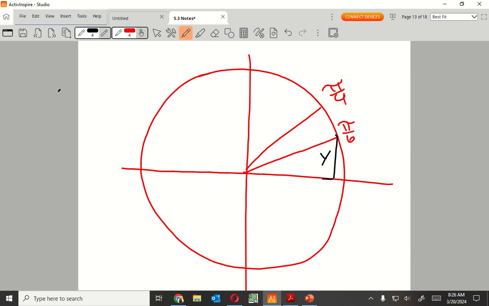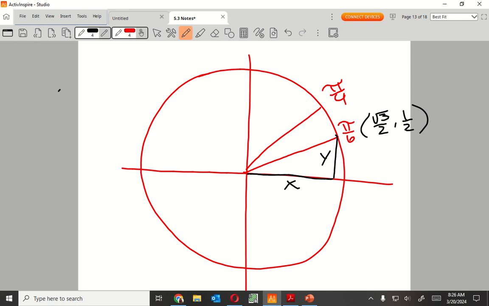Which one's bigger? My x value or my y value? The x value is bigger, right? So in this case my x value is bigger, so therefore I get rad 3 over 2 is my x value. My y value is 1/2. Okay, so rad 3 over 2 is greater than 1/2.